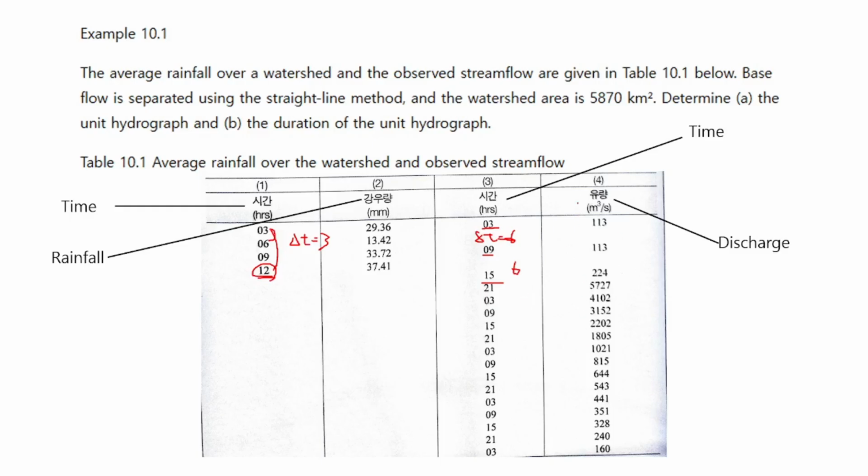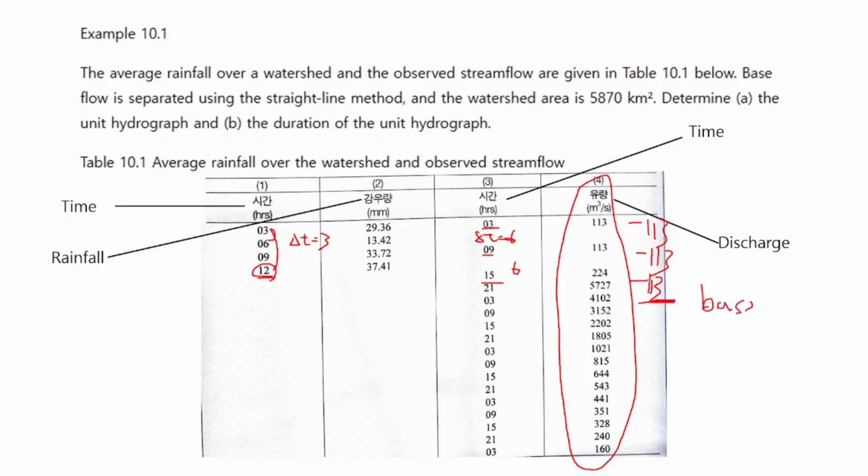So this is the original discharge, and then we subtracted 113 from everywhere, and we use 113 as base flow. Because 113 is the lowest value, when you subtract it from the beginning to the end, you will get 0 values here.